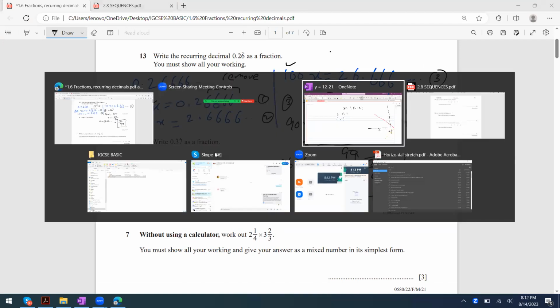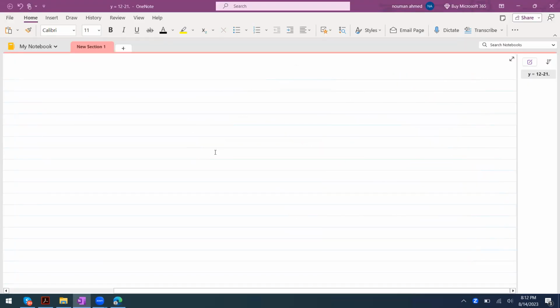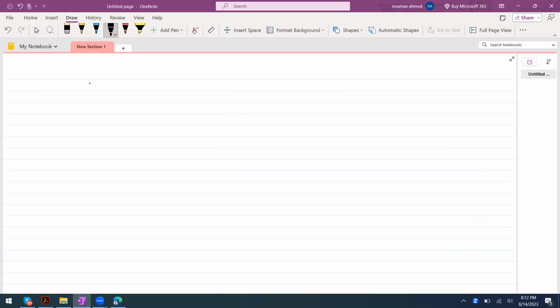Okay, Abdullah, let's do it one more time. The repeating decimal is 0.26666 and so on. Let x be equal to this decimal. Always the first step is let x be equal to the decimal. You want to remove the repeating part.